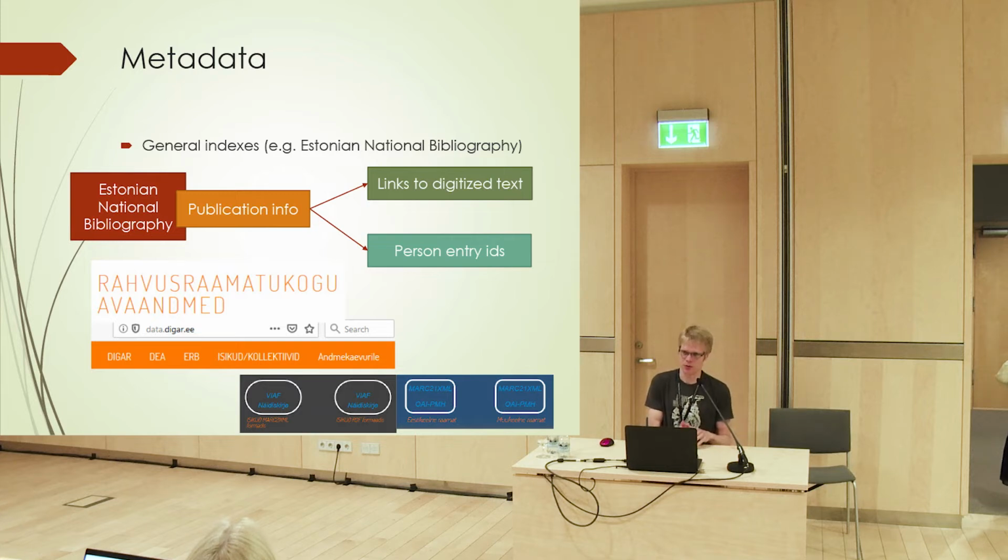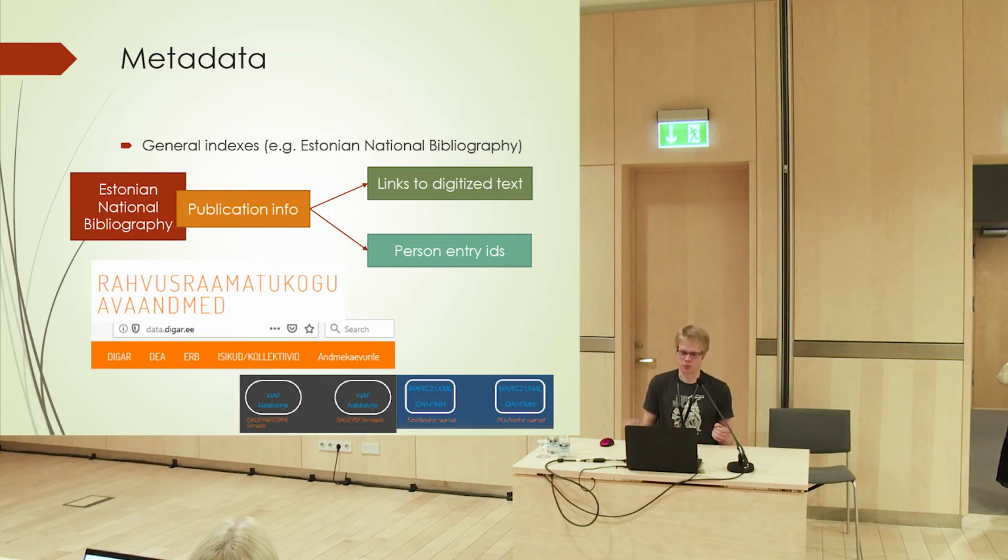So when you follow those links, you can build a pretty nice database of the text. And at the same time, there is also a collection of people, some kind of person IDs connected to these books, and they can in turn be associated with other databases.